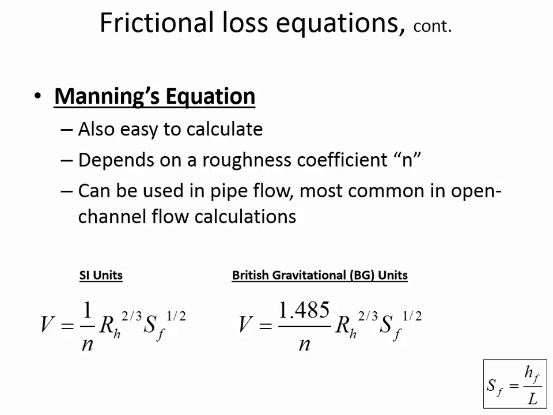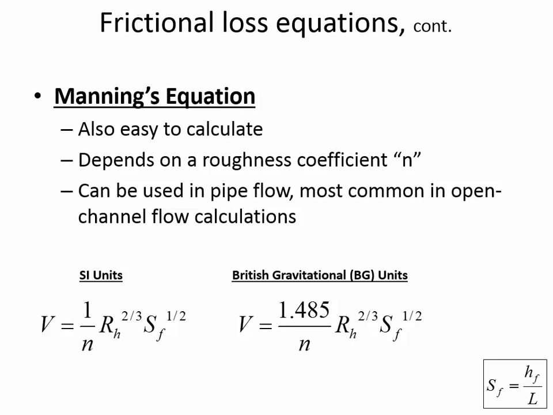Well, again, here's Manning's equation in terms of velocity and S sub f. Remember, S sub f is hf divided by L. So what I did was I substituted into this S sub f term h sub f divided by L, and then I rearranged the equation to solve it in terms of hf. And that's what we get.